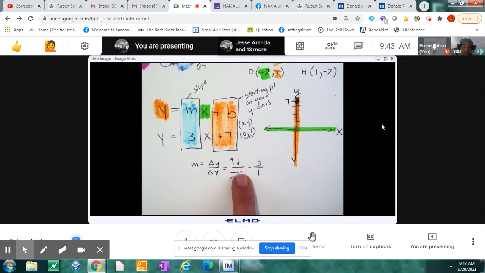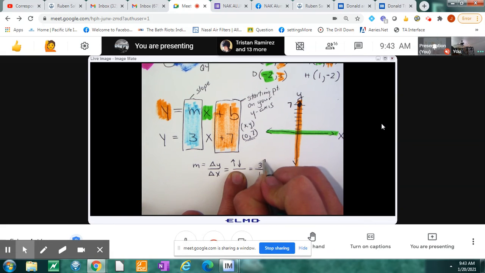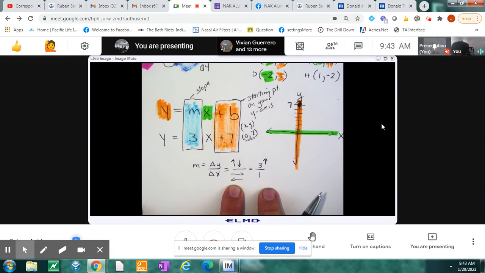So 3, is that going to go up or down? Let's see, Tristan, on the y, up or down, positive 3, is that going up or down? Yeah, very good. So up. And then Vivian, the 1, since it's on the x, is it going to go right or left since it's positive 1?